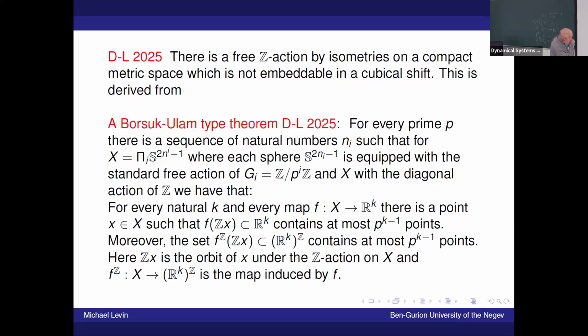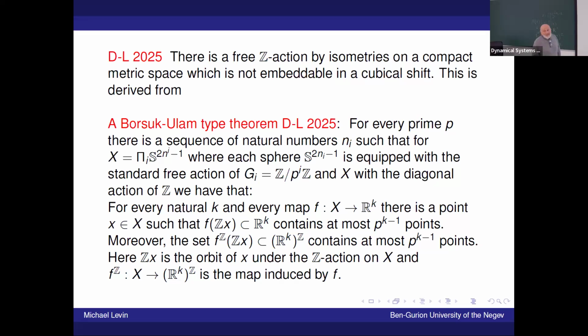Okay. I believe it's quite obvious. The theorem implies the result: exactly this action is not embeddable into a cubical sheet, for any dimension of the sheet.